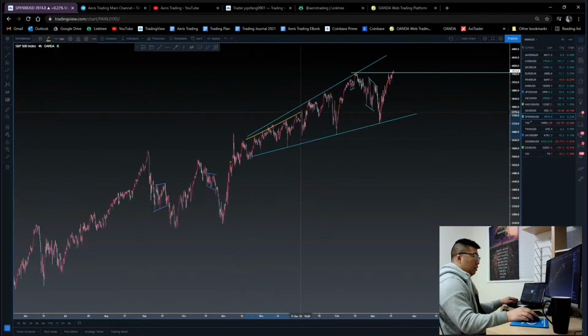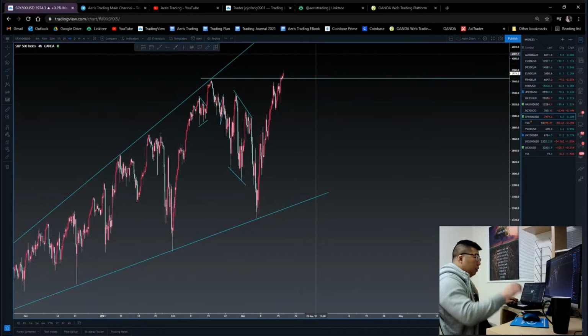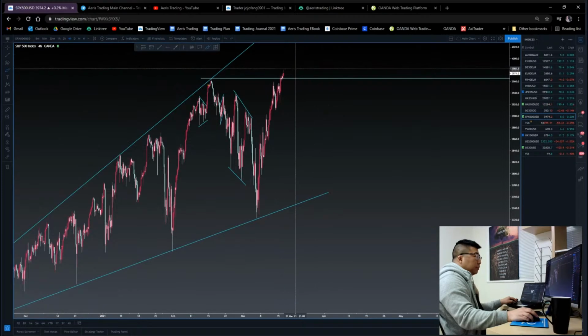It's like an expanding structure, expanding outwards. And we're right at this area where we should be keeping an eye out for potential reversal price action. So being a little more patient here will be better, okay?